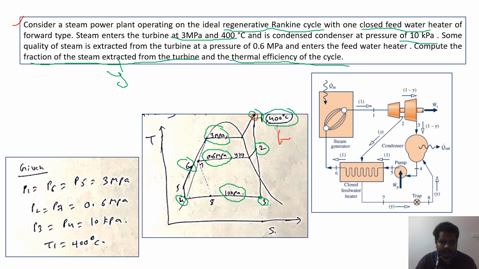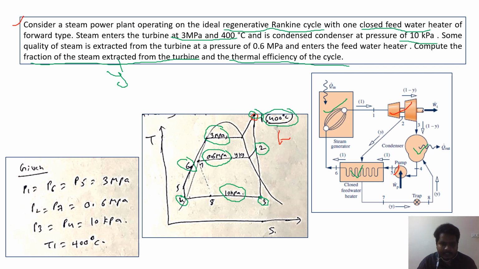Now let us see the given data. Here we know that heat addition in the boiler, condensation, and the closed feed water heater are constant pressure processes. Turbine and pumps are isentropic expansion processes.